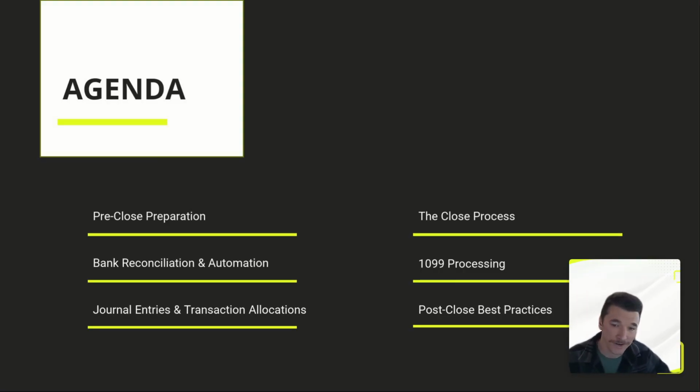After that, we'll get into certain items with the general ledger, just some best practices to keep things running smoothly as you go. And then we are going to get into the year-end close process for those books and how to officially process those 1099s in Intacct. And finally, we'll wrap up a few housekeeping items just to discuss some best practices to follow after the year's been closed.